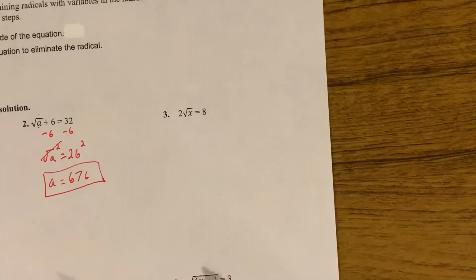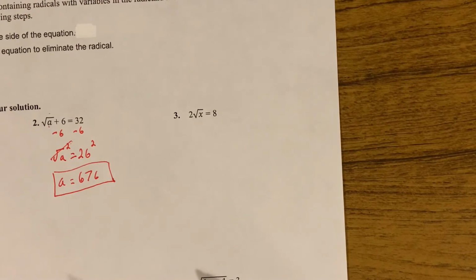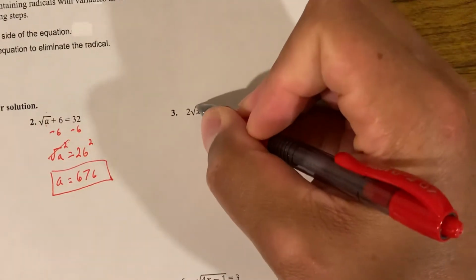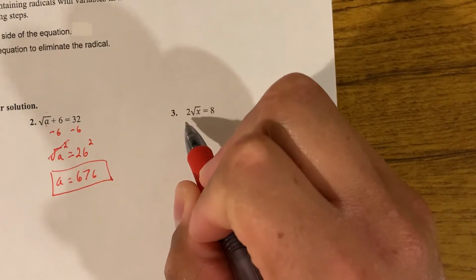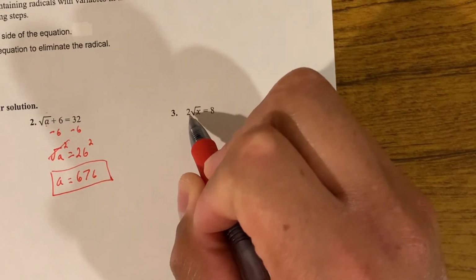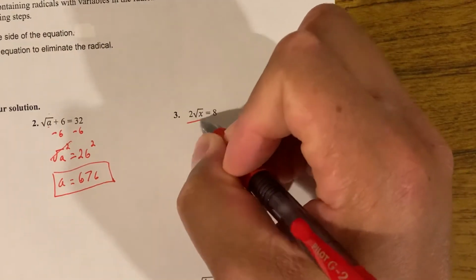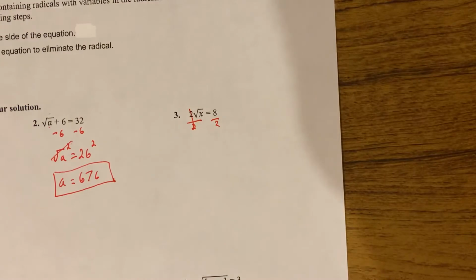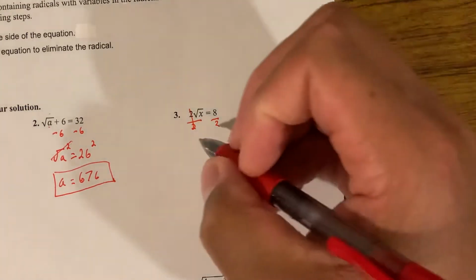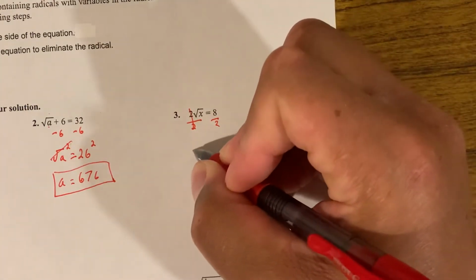For number three, same thing. We need to get the radical by itself, but we have this 2 up front. Since it's up front, this is multiplying, right? This is 2 times the square root of x. So we have to divide by 2 to get the radical by itself. Nothing we haven't done 1,000 times before. It's just a little different.